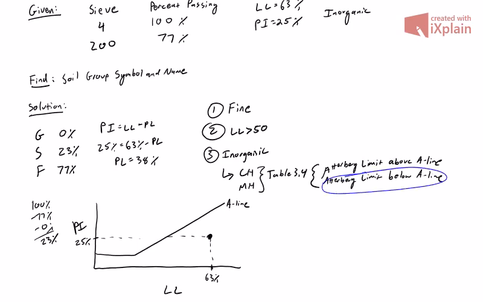That meets the only condition for it to be MH, which means we have an MH soil, which if we look at the group name, is a silt of high plasticity, or an elastic silt. And now we have successfully classified our soil with both group symbol and group name.